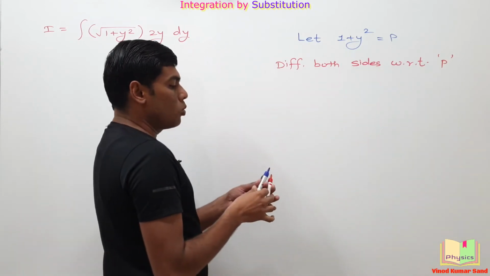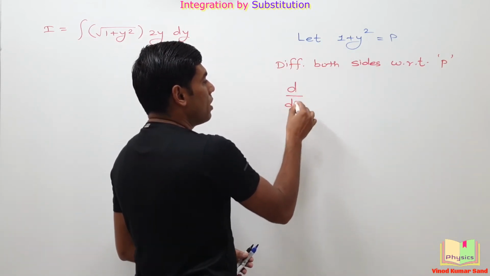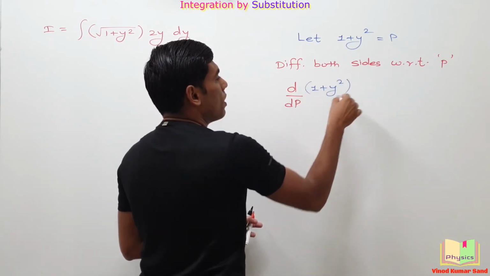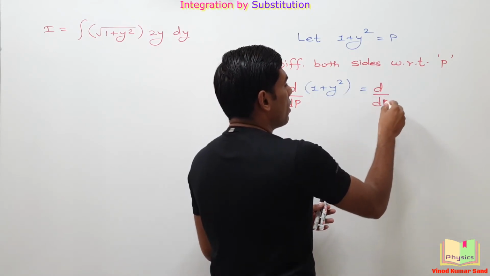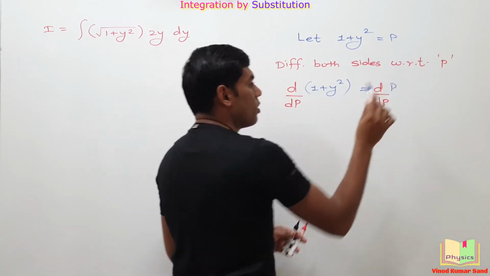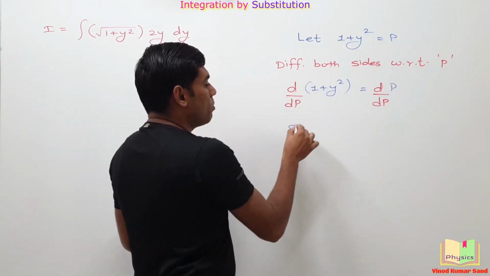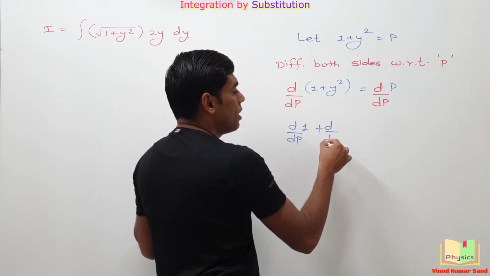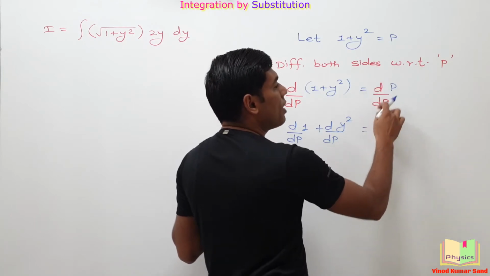So here what you will have, d by dp of 1 plus y square is equal to d by dp of p. Do you agree? Now simplifying this further, it will be d by dp of 1 plus d by dp of y square is equal to d by dp of p.